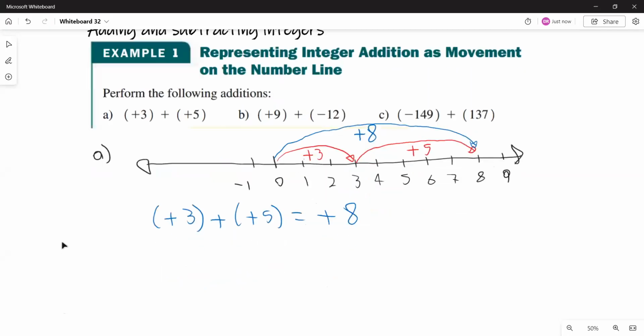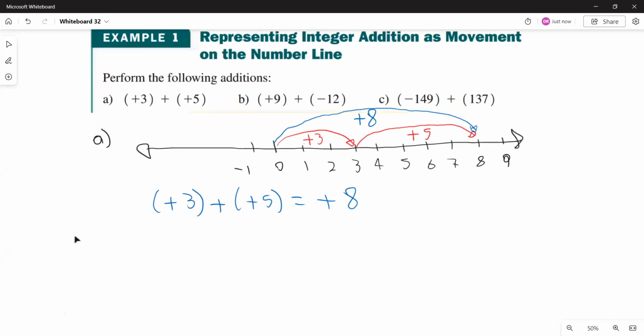Okay, part B. Add a positive 9 plus negative 12. Okay, so let's start at 0.